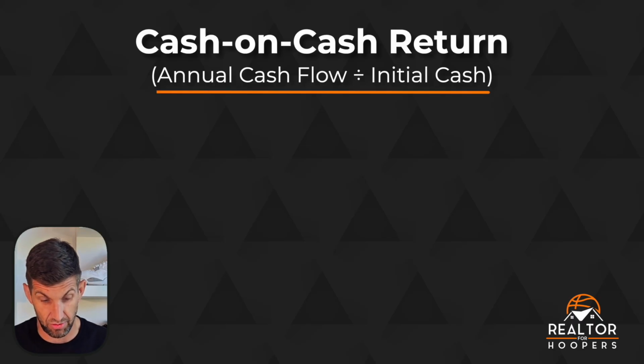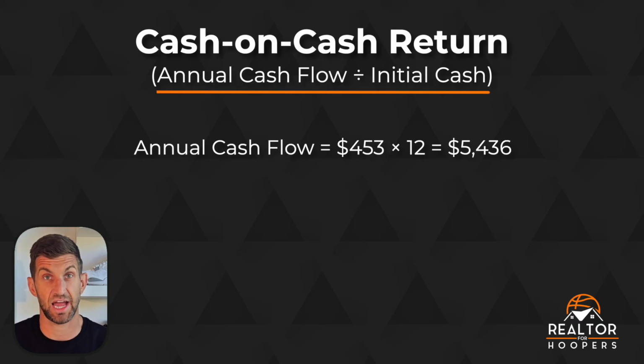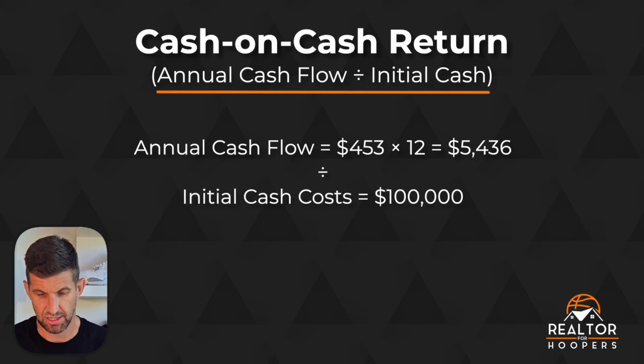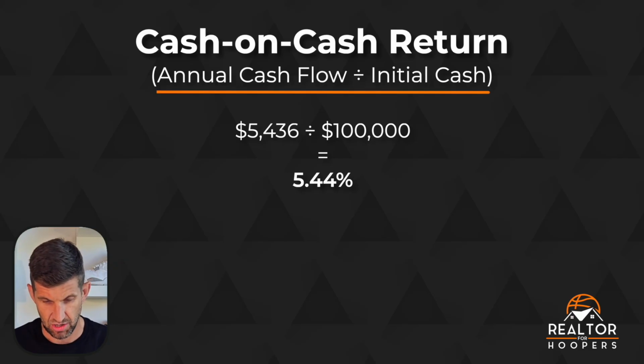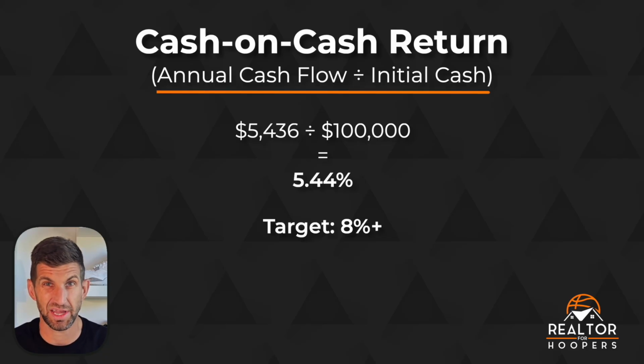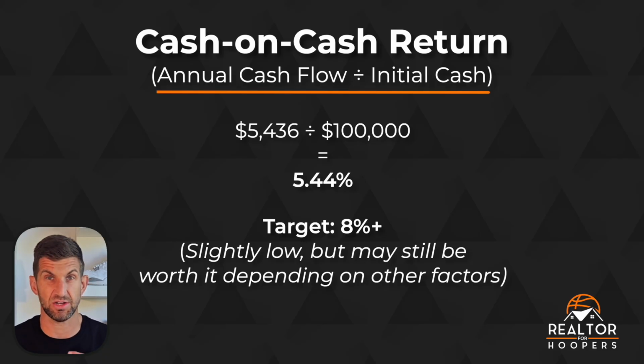So your annual cash flow is $453 times 12 months in a year, which is $5,436, divided by your initial cash costs, which were $100,000. Your cash on cash return is 5.44%, which we want 8% or more here. So that's a little low, but you still may go for this opportunity depending on these other numbers.